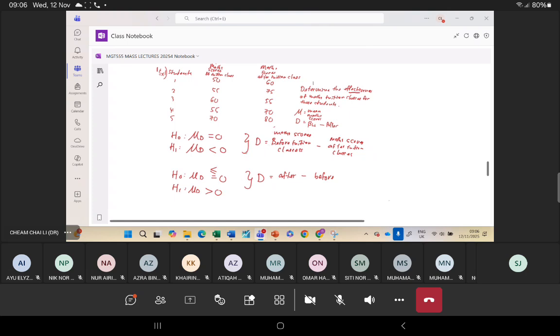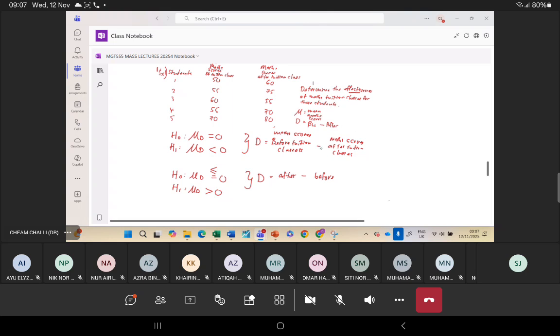So if I use the first way, I define the difference as math scores before tuition class tolak dengan math scores after tuition class. So kalau tuition class ini berkesan, maksudnya after the tuition class, the math scores will be higher than before. So kalau saya define D as before tolak after, saya punya alternative hypothesis mestilah smaller than, baru boleh kira sebagai effective.